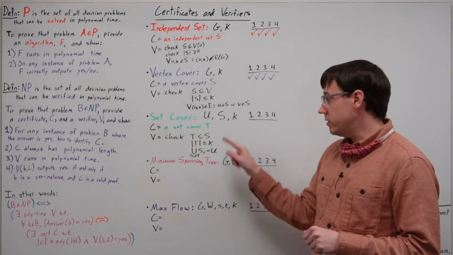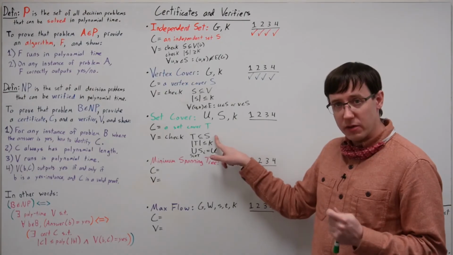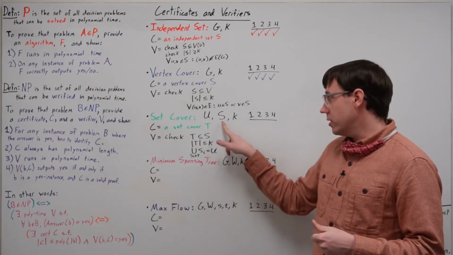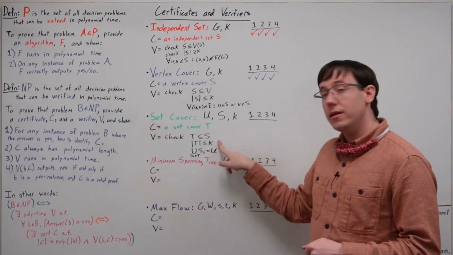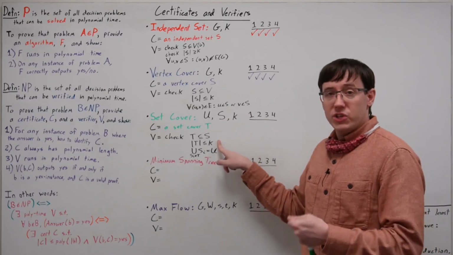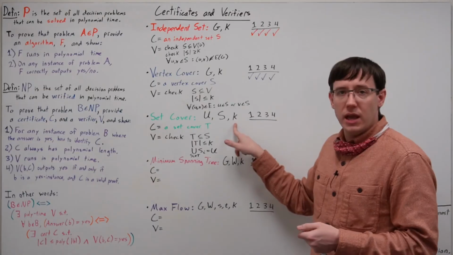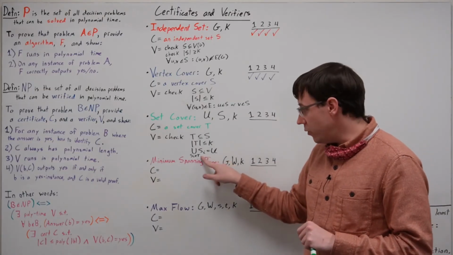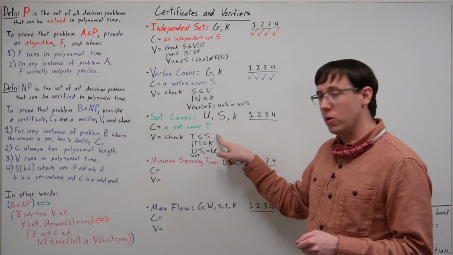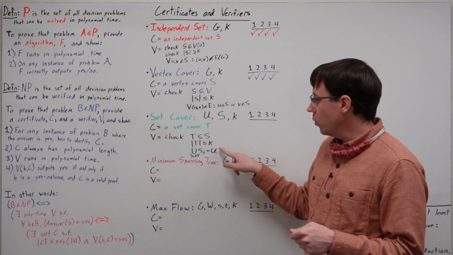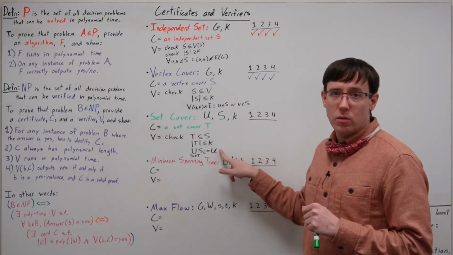Our verifier needs to check that in fact we have given a collection of subsets from those that we were given, and that the number of sets we have chosen is at most k, and that when we union together all of the sets that were chosen in our set cover certificate, we get the entire set U.